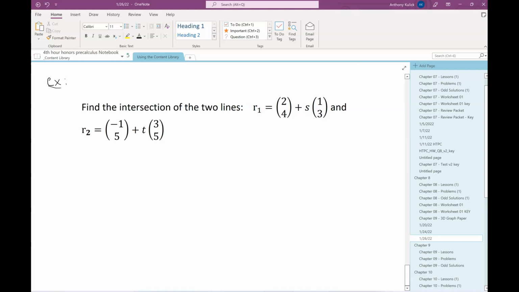So even though it's okay to write these as slope-intercept equations and then solve them like we would in Algebra 2, I'd encourage you not to do that here because this becomes a useful technique as we move forward in this chapter and then in future chapters. So I would advise you to do this the way that I'm about to show you, just for practice's sake.